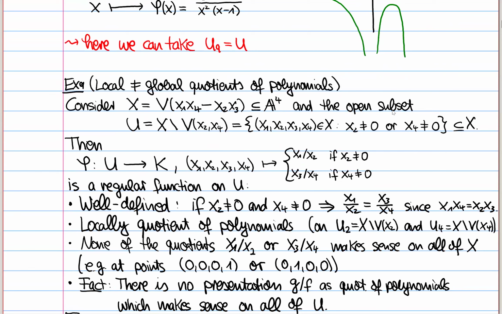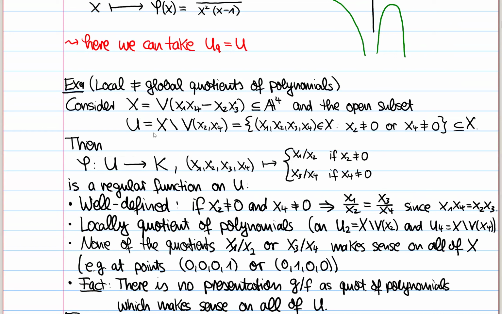And then inside there we have an open subset, and the open subset is just to remove the vanishing locus of x2, x4. So you remove the locus where both of these things are 0. One thing you can see is that this is completely contained in X, because when x2 and x4 are 0, then also this expression here is 0, because this vanishes because of x4, this because of x2.